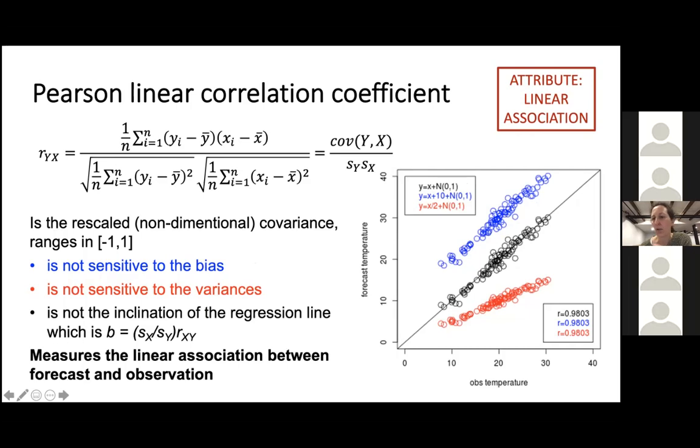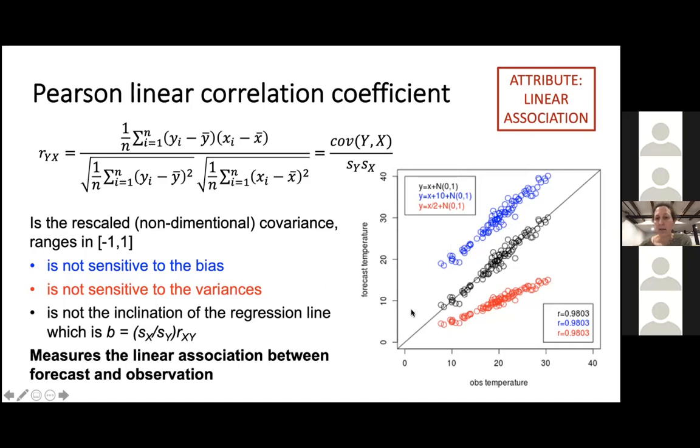And the correlation you see here was 0.98. When I add a bias, a constant equal to 10 in this case, I obtain the blue sample. And the blue sample essentially has a bias, and you can see the correlation doesn't change at all.